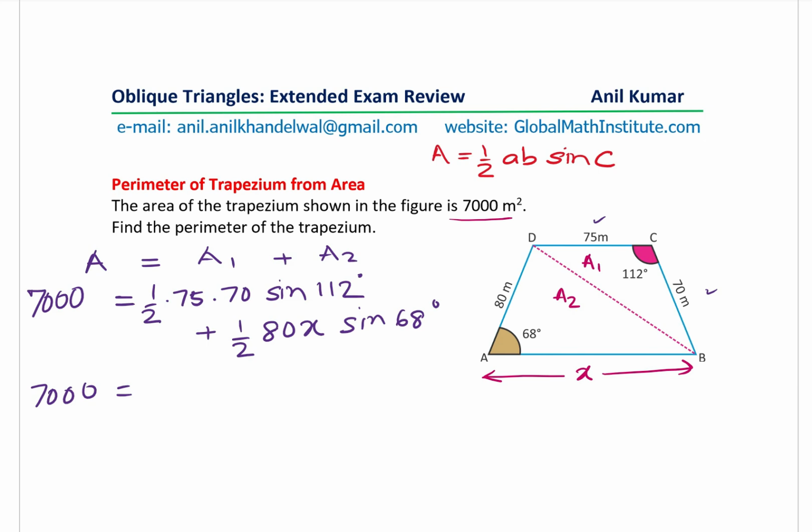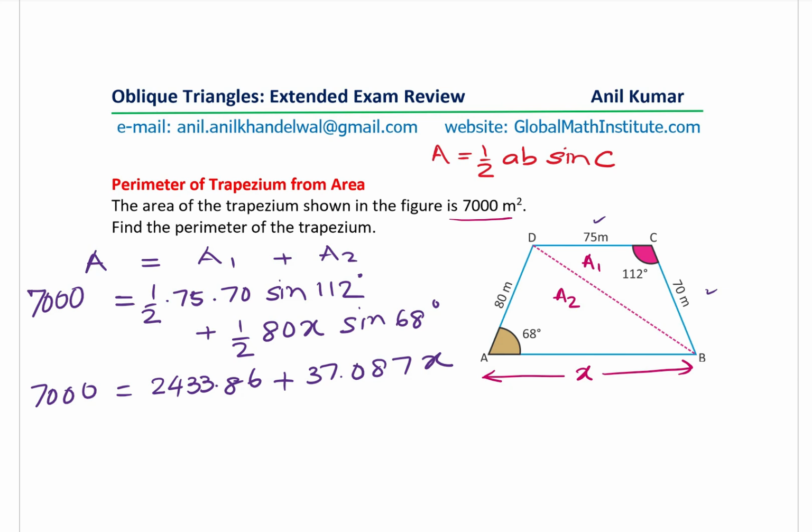That gives us 2433.86, rounding. Plus half of 80 is 40, times sine of 68, and that is 37.087, times x.